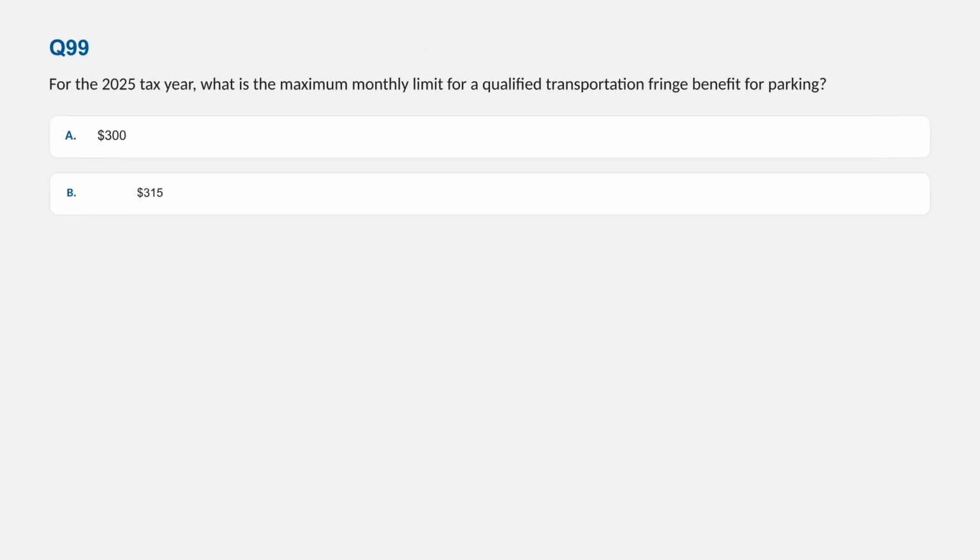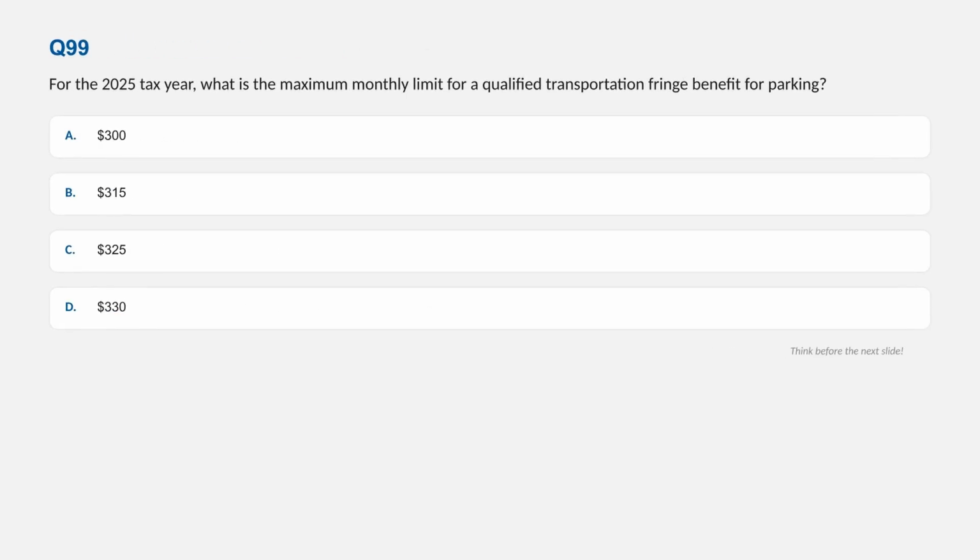Alright, let's move to question 99. For the 2025 tax year, what is the maximum monthly limit for a qualified transportation fringe benefit for parking? A. $300, B. $315, C. $325, D. $330.